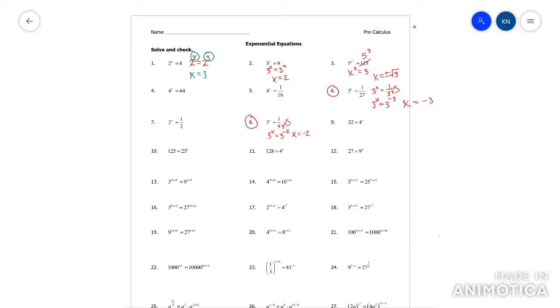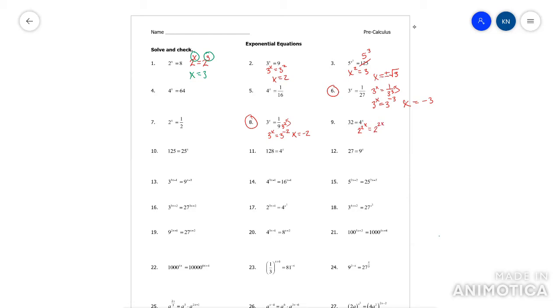All right, now what if you can't make the same base, like number 9? You can't change 32 to be 4 to the something. It doesn't work like that. So what you do here is you kind of go smaller. So like 4 is 2 squared. So this side turns into 2 to the 2x by the power to power rule.